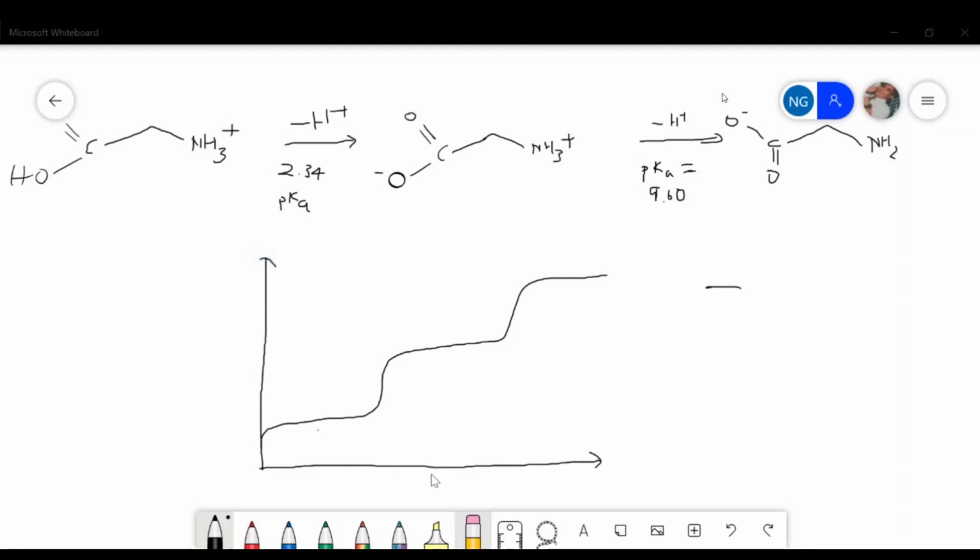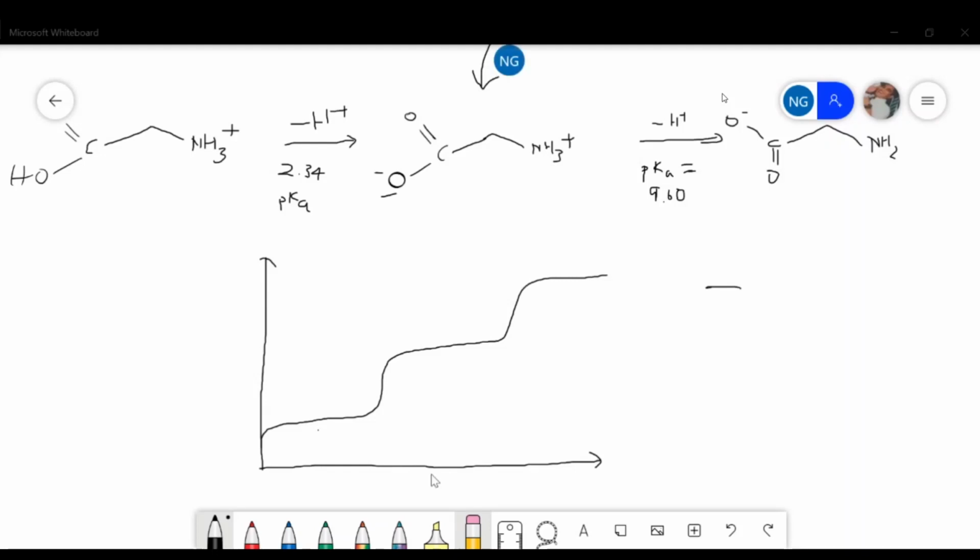So right, do you know what the definition of the isoelectric point is? It's basically the pH at which the solution is considered to be neutral. So in this case, it's referring to this, pI, right?